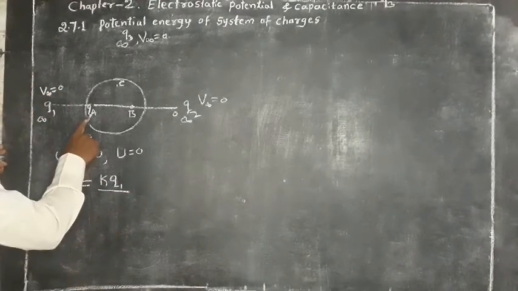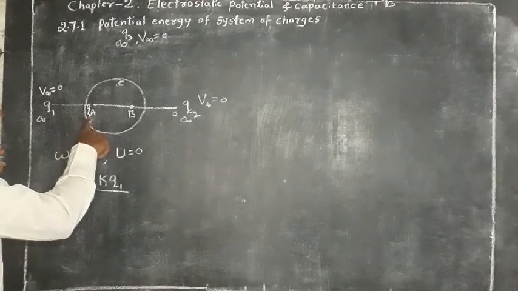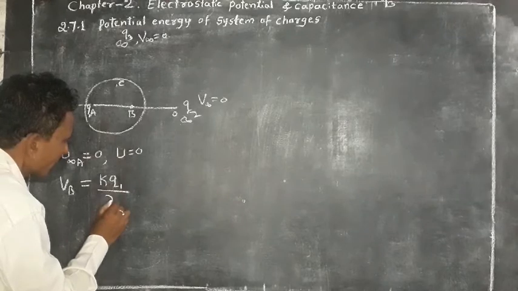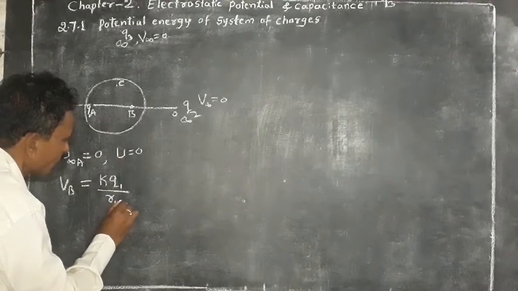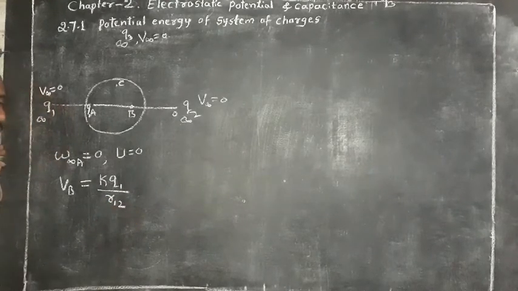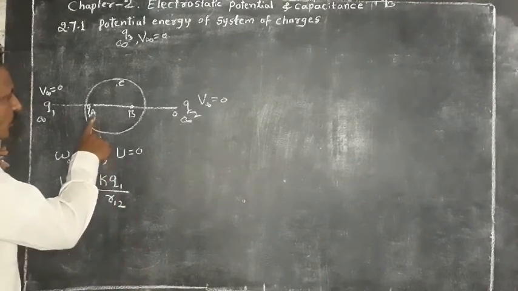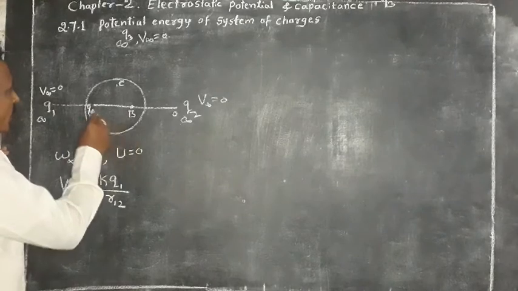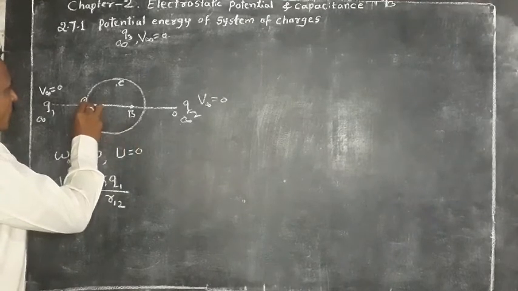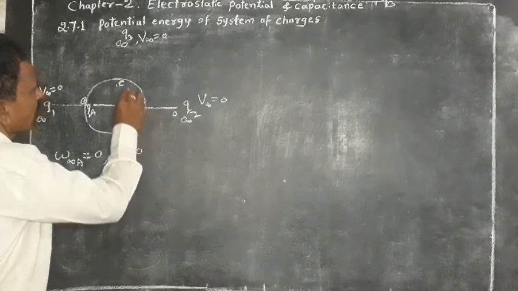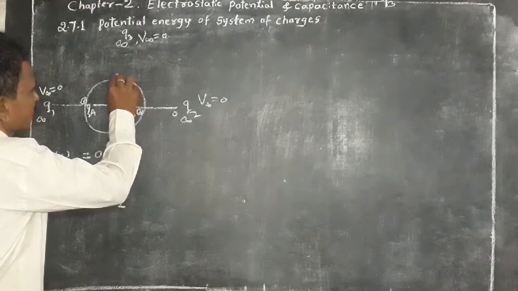Here Q1 is the charge, therefore KQ1 upon R12, where R12 is the distance between A and B. Consider this as the first charge, this is the second charge and this is the third charge.